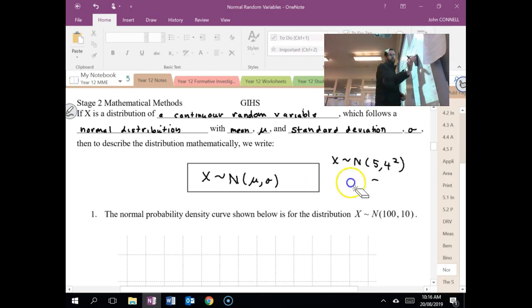So whether it's x tilde N(5, 4) or N(5, 4 squared), either one of those is right. SACE never actually use any of those. So there's going to be no confusion in the exam about which one they're doing, because what they'll say is x is a normally distributed variable with a mean of 5 and a standard deviation of 4.